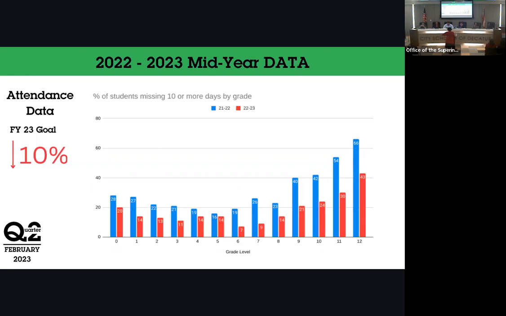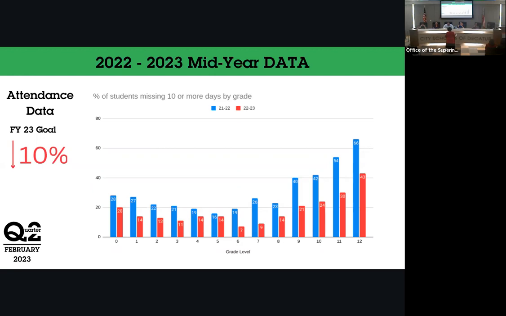We got it. So here, our goal is to decrease the percentage of students in each grade level missing 10 or more days of school. That's the time point where social workers are very much engaged in figuring out exactly what's going on, providing additional support beyond what the school is doing to work with students related to attendance.